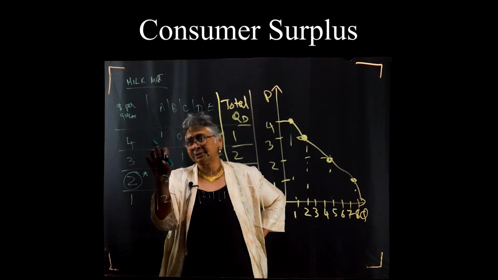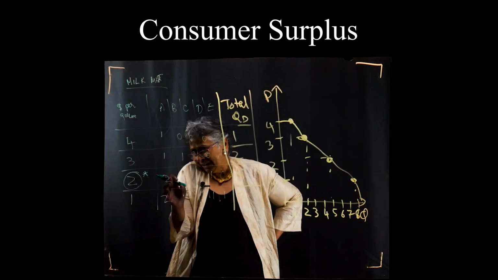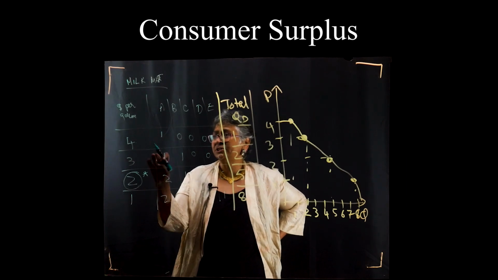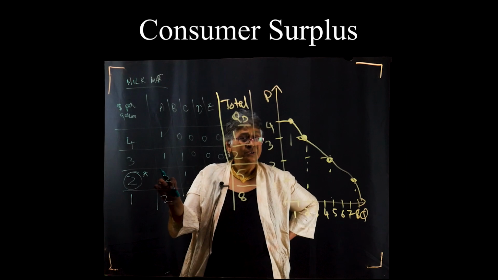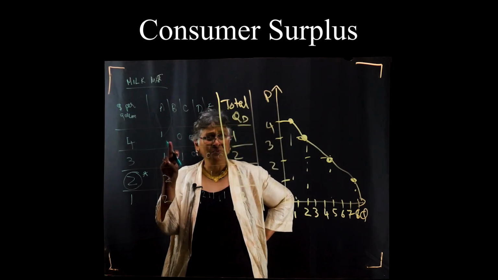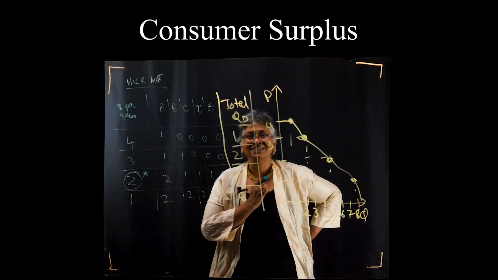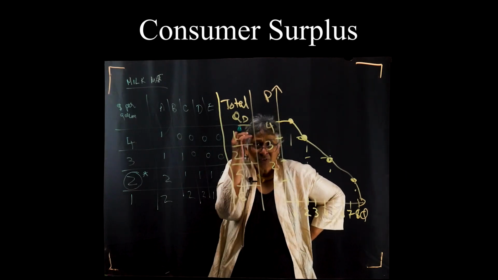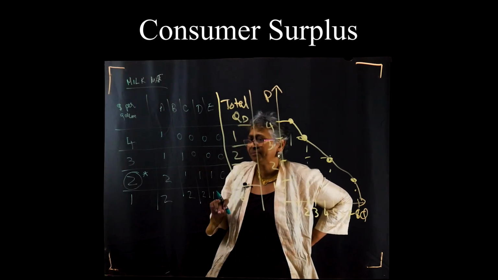And then for the second unit, A would pay $2 and A is paying $2, so that's fine. But for the very first unit, A would have paid $4, A is only paying $2, so that first unit would have been $2 more worth from A's perspective compared to what A actually paid. So from A's perspective, they got a surplus of $2.